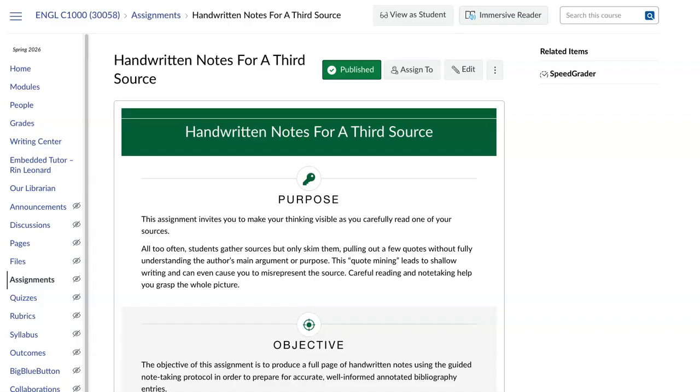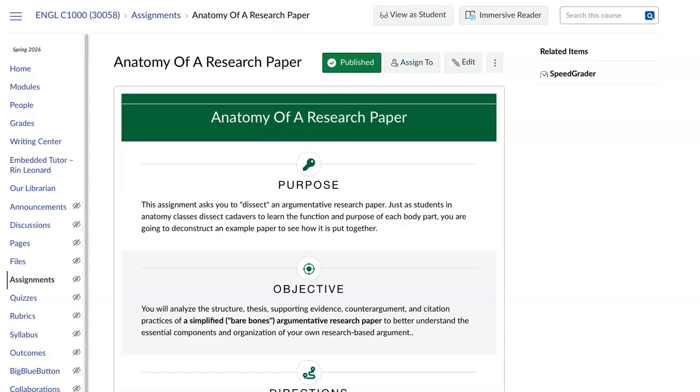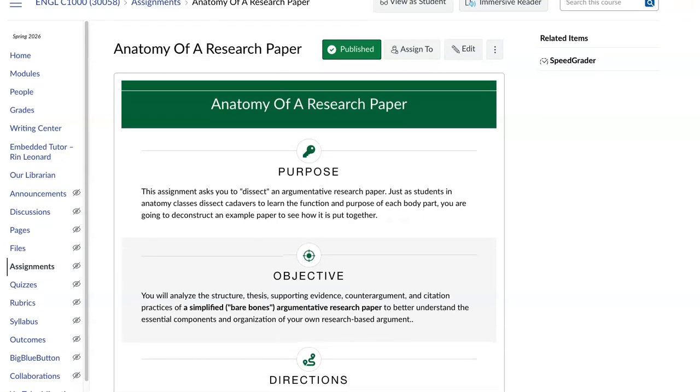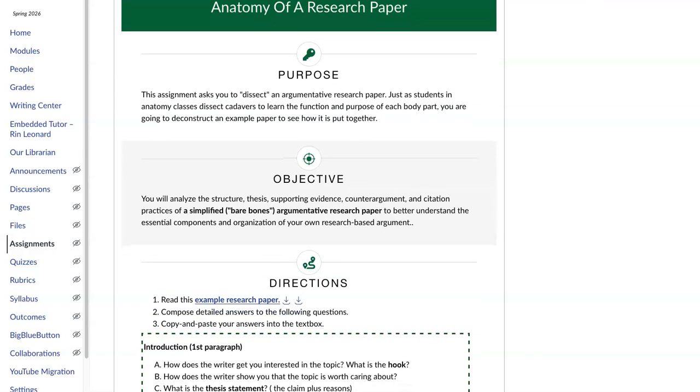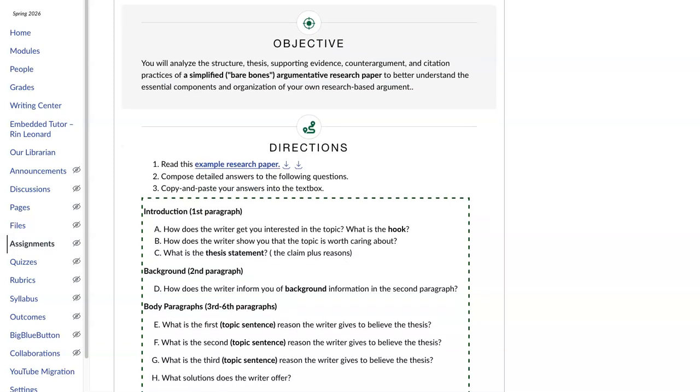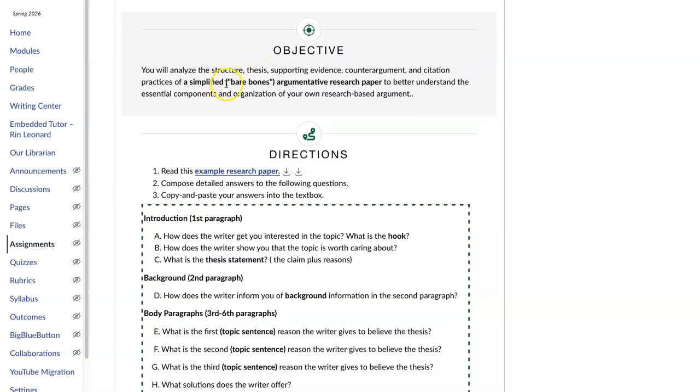This week, I'm asking you to dive into a research paper that was written several semesters back. And this assignment, The Anatomy of a Research Paper, is intended to give you an example of a research paper that is bare bones down to the very basics of what a research paper entails.